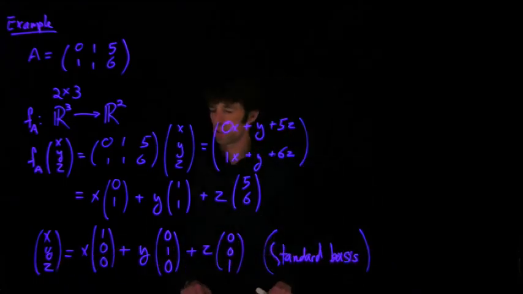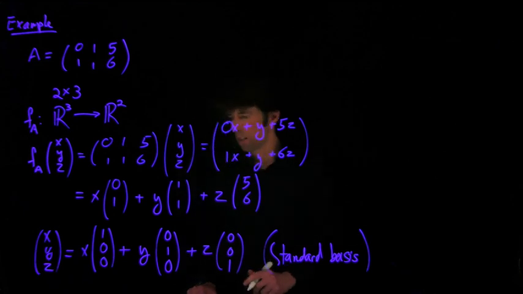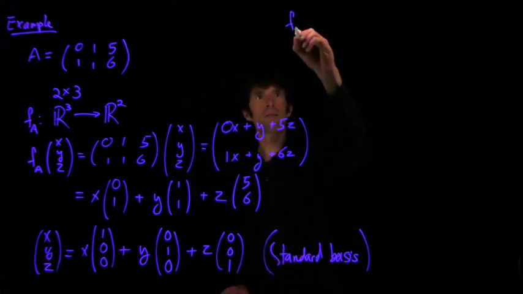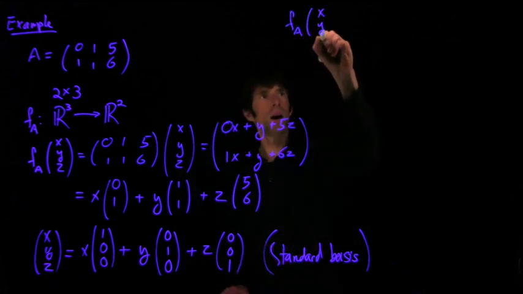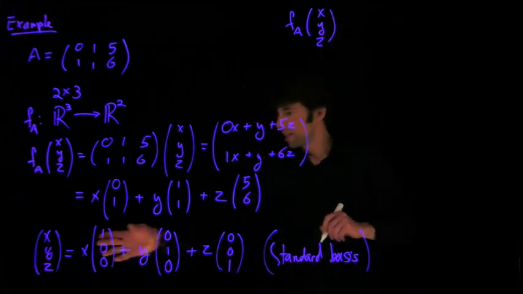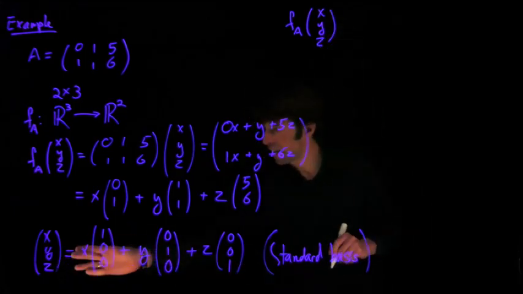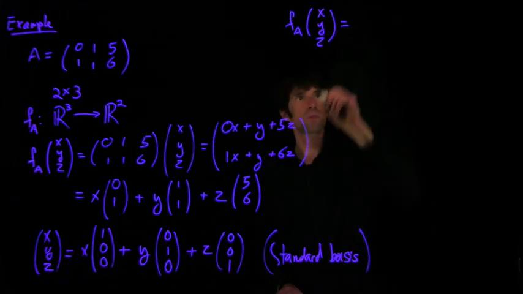And now I'm going to use the linearity fact to say that f sub A of (x, y, z), this is a linear combination here, so applying f preserves this.